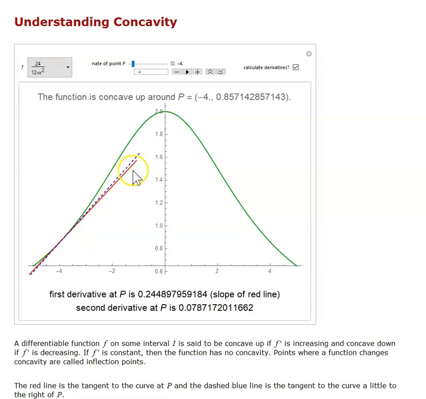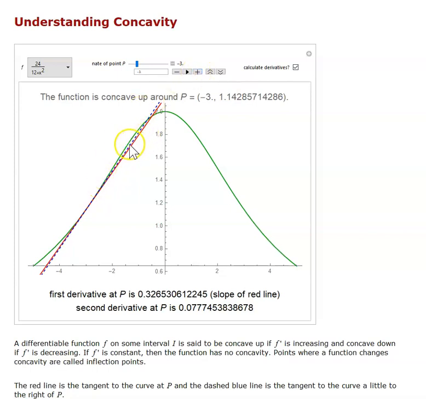Now let's step. Notice that we still have the first derivative increasing because the slope of the blue line segment is greater than the slope of the red. So f prime is still increasing, our shape is still concave up, and our second derivative is still positive.